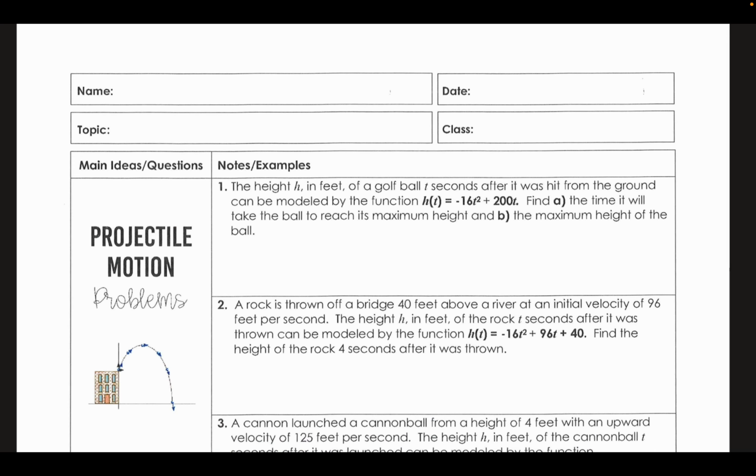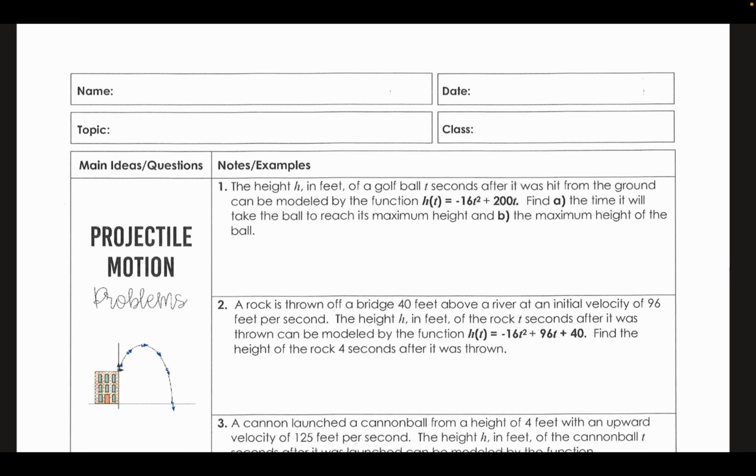So the height h in feet of a golf ball t seconds after it was hit from the ground, t for time, h for height, can be modeled by the function as following. And then find, first of all, the time it will take the ball to reach its maximum height, as well as what the maximum height of the ball would be.